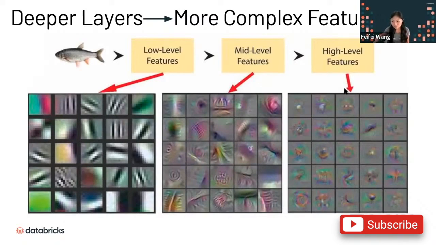And at the high level, you would see something more specific to your training data set. It can be a specific type of fish. So you're starting to see even finer details.